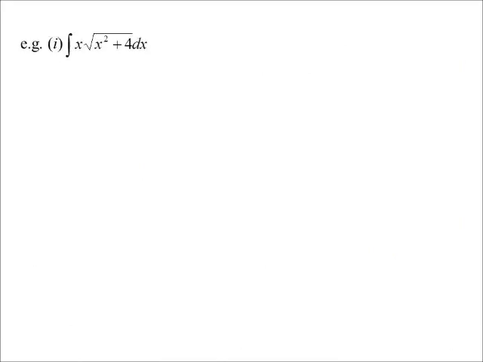Alright, now, so we want to reduce things to a standard integral. And again, here's the difference between extension 1 and extension 2. In extension 1, they give you the substitution to use. Extension 2, you've got to come up with it yourself. Personally, I prefer the extension 2 way.